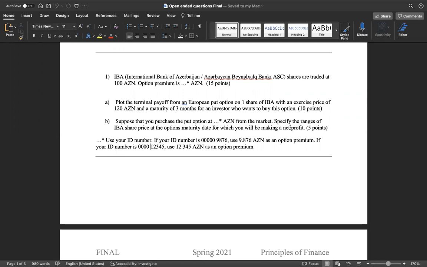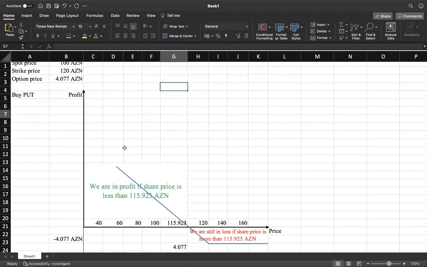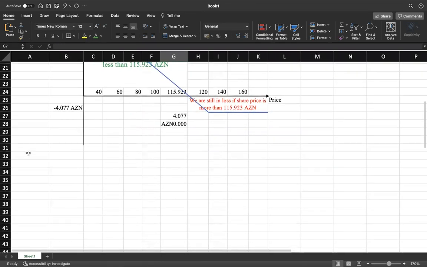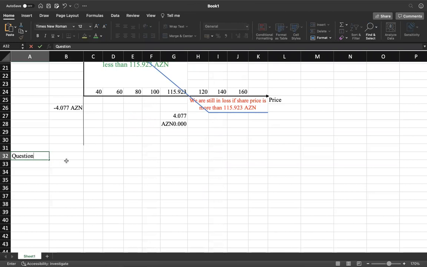We actually already did it on the graph, so we can wrap it up again. Question 2B part.